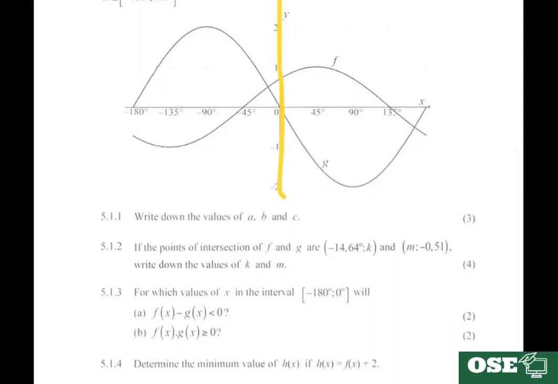So only this side. For which values of x in the interval negative 180 to 0 will f of x minus g of x be less than 0?